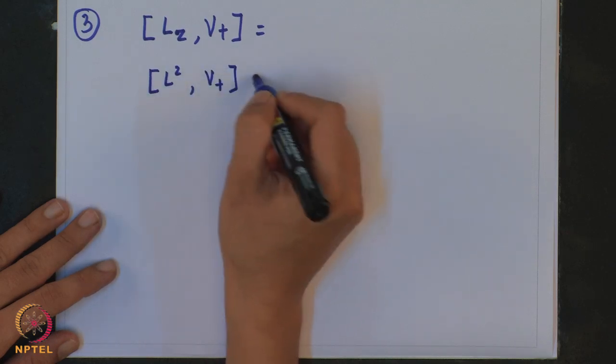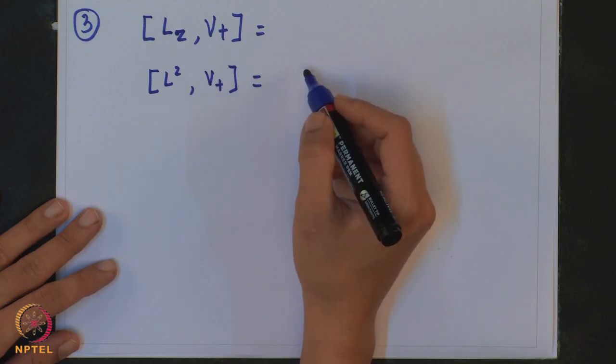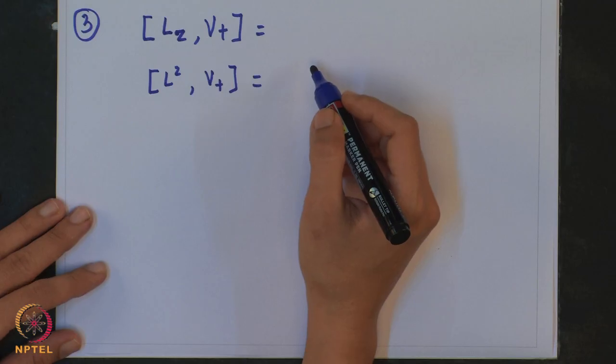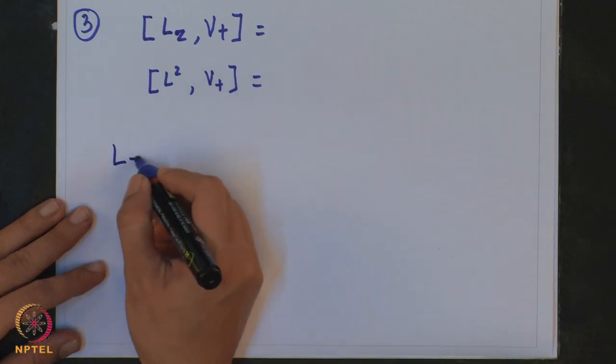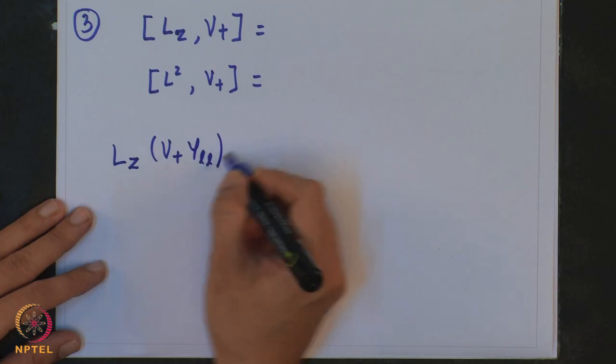These two relations are given to you and you have to calculate what happens when Lz V plus acts on |Y L L>.